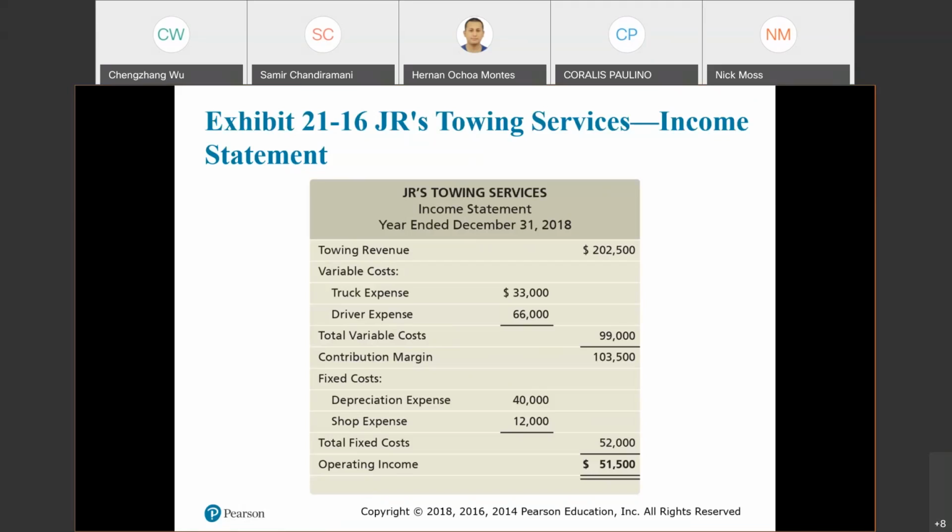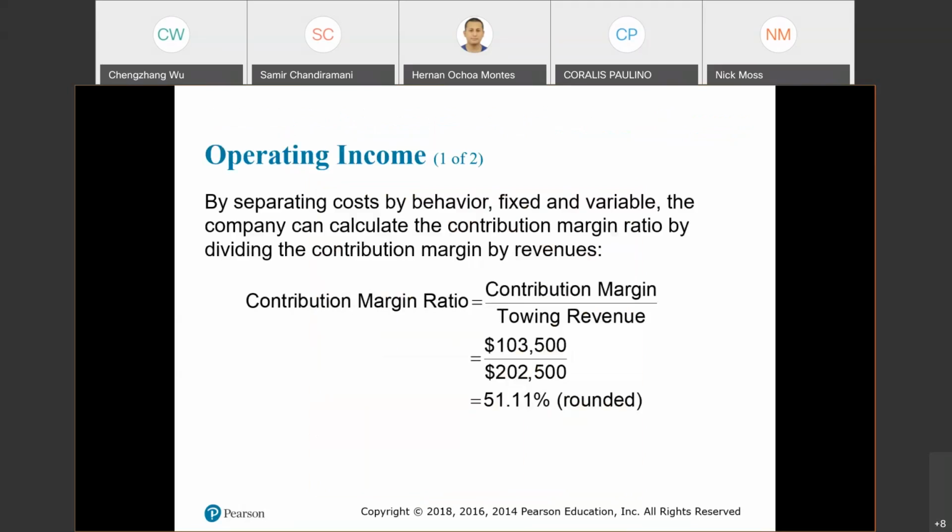And by separating the costs by behavior, the company can calculate the contribution margin ratio by dividing the contribution margin by towing revenue.